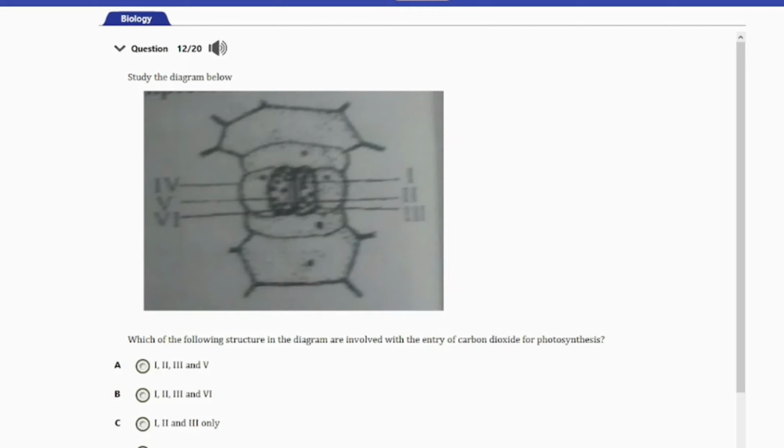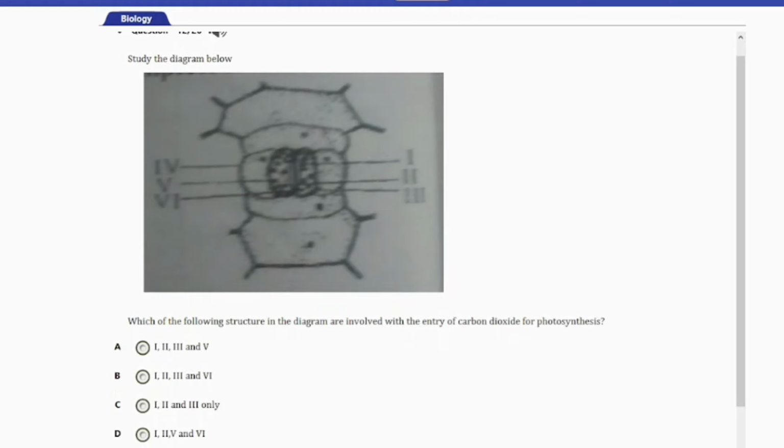So here we also have a diagram, and it says here, study the diagram below. So the question here says, which of the following structures in the diagram are involved in the entry of carbon dioxide for photosynthesis? So we have options A, I, III, and V. B, I, and VI.